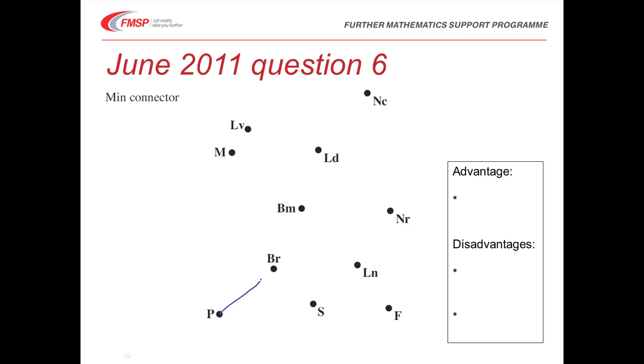So we had P to BR, BM to BR, BM to M, LV to M, LD to M, S to BR, LN to S, F to LN, LN to NR, and NC to LV. Well, there we go. It certainly looks like a tree. I see there's no cycles, and there's 1 mark for that complete tree.